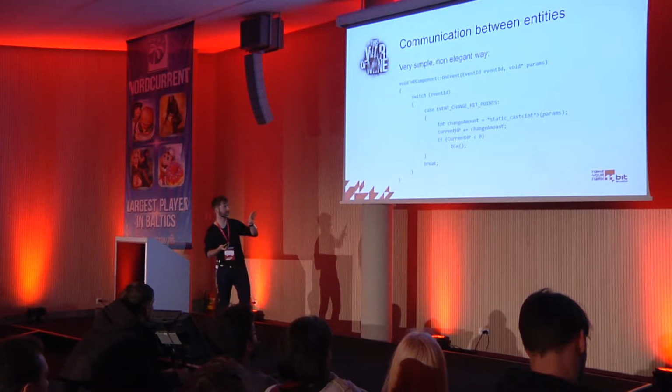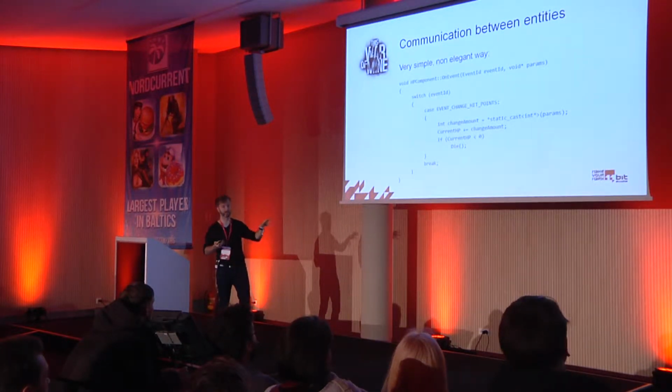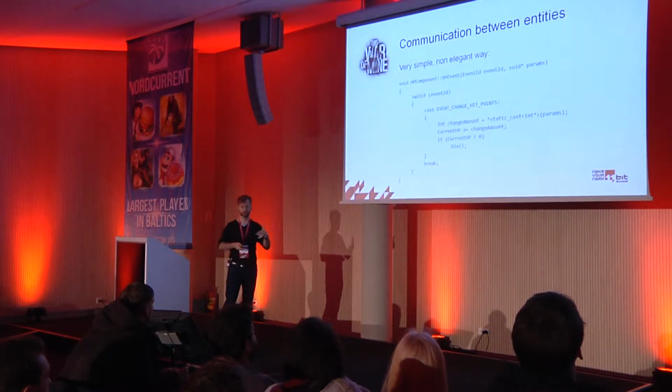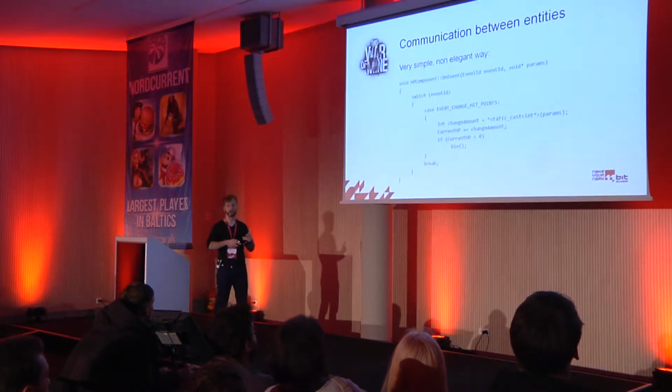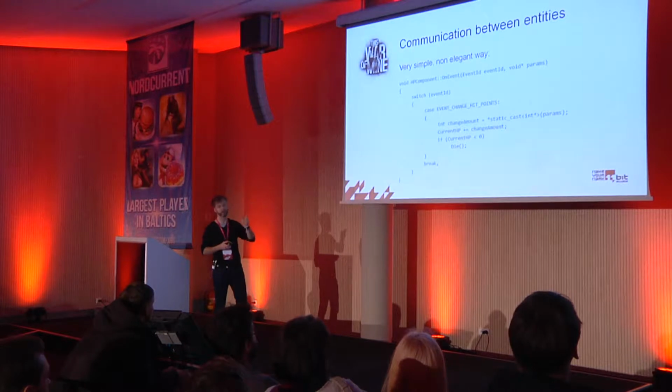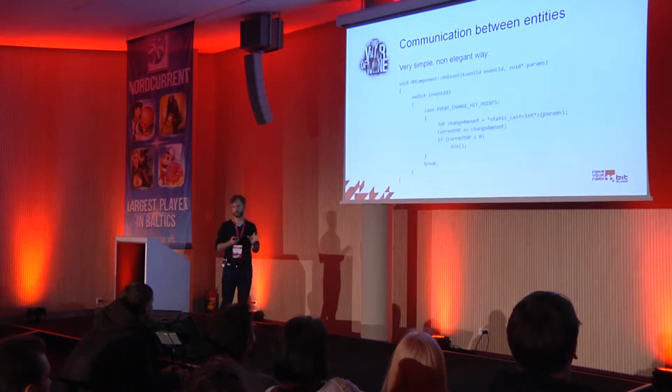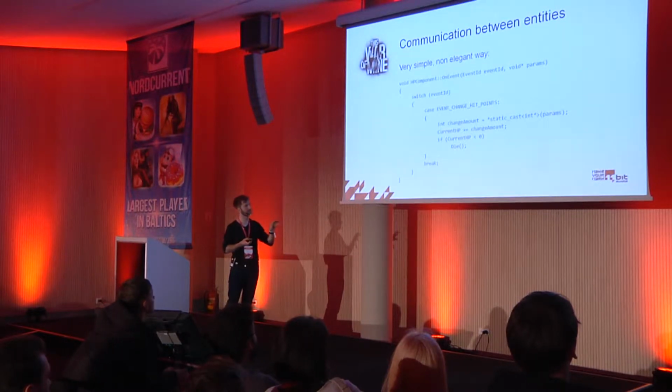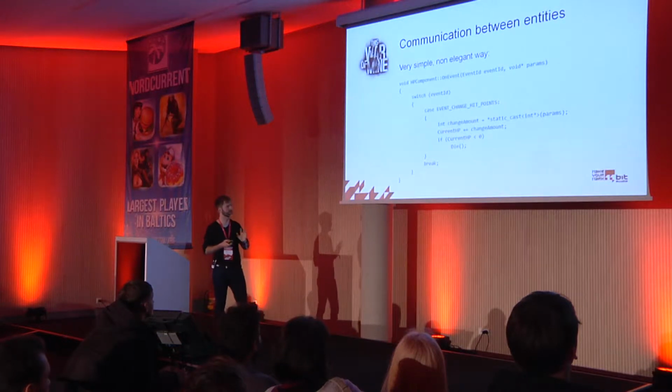For instance, if you imagine one entity would like to shoot another entity, it would send an event to it, saying, hey, change your hit points, and the other entity's component would get the event and react to it. It was just passed by some kind of simple enum ID and some params which were very primitively cast to what we wanted to get from that. This is a really primitive way to do that. I'll show you better in a while.